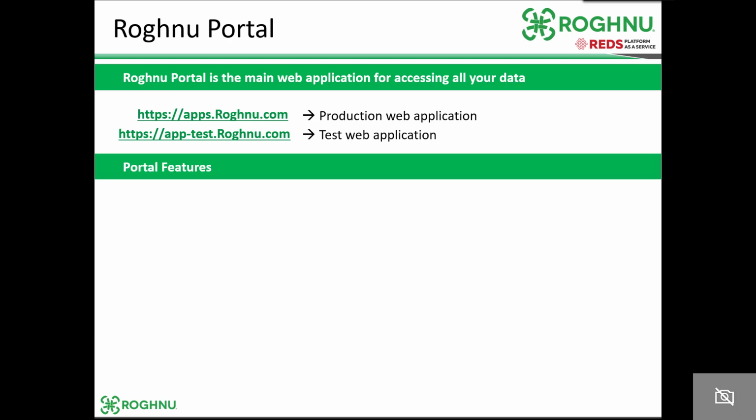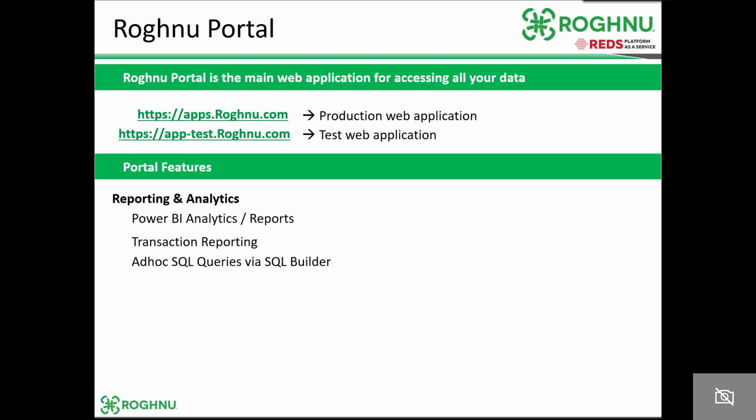Some of the features that we have within our portal include our reporting and analytics. This includes Microsoft Power BI analytics and reports, which is a very powerful dashboard reporting system that can be set up as a role-based reporting site for all of your users. Our transaction reporting includes things like invoices, as well as the capacity to distribute those reports, such as an invoice send or an invoice creation to a PDF for someone to send.